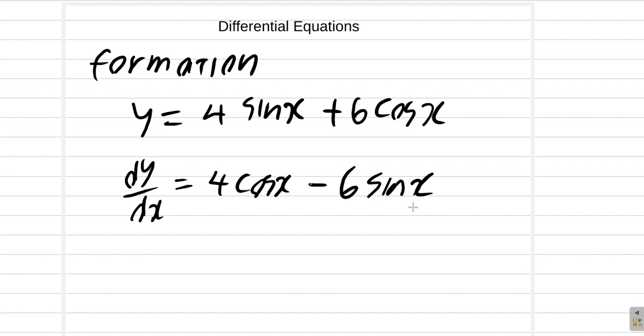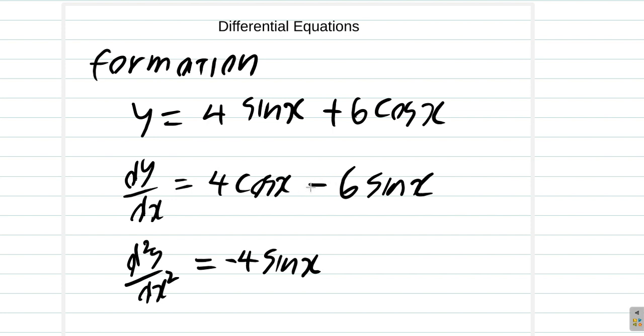Now, suppose you differentiate again. You say d square y by dx squared equals, alright. When you differentiate cos, you get negative sine. Negative 4 sine x. Then when you differentiate sine, you get positive cosine.